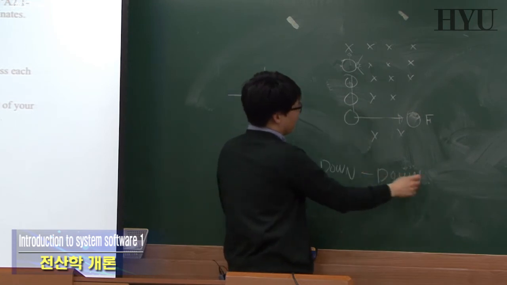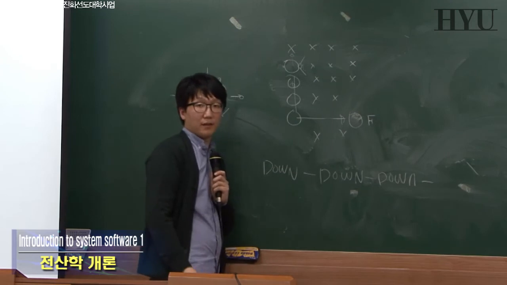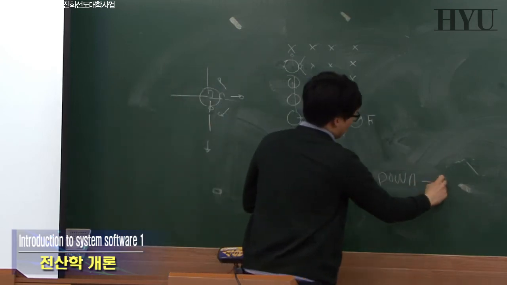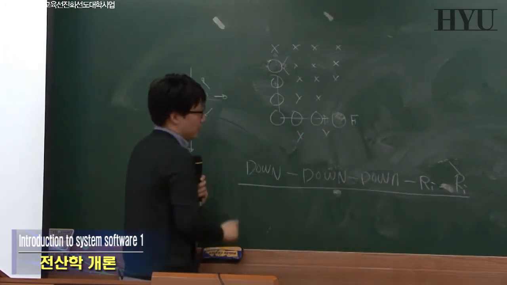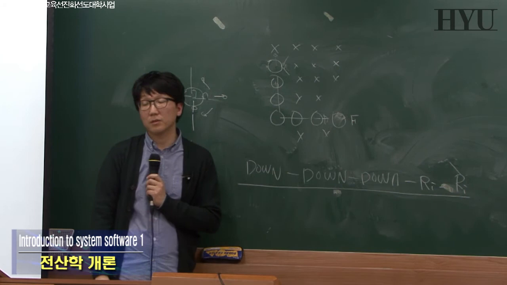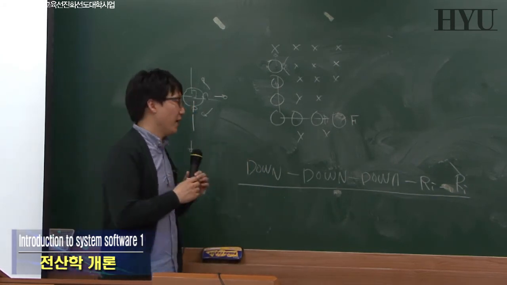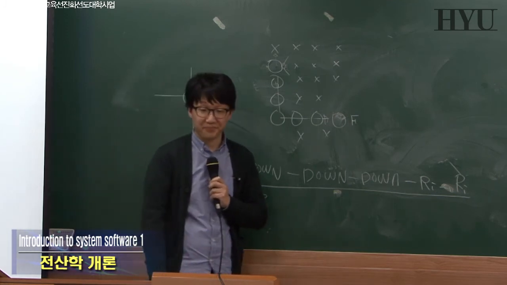Also down again, down. And then right. Go right, right, right. So these are the sequence of actions to exit the maze. I want your program to report this and how much money you spent to exit this maze.